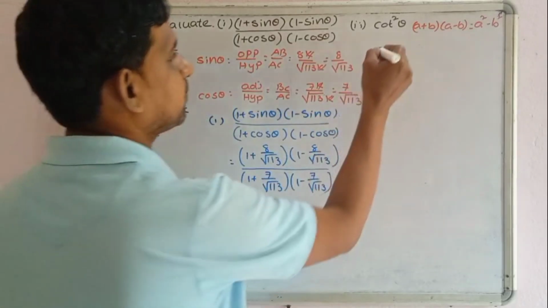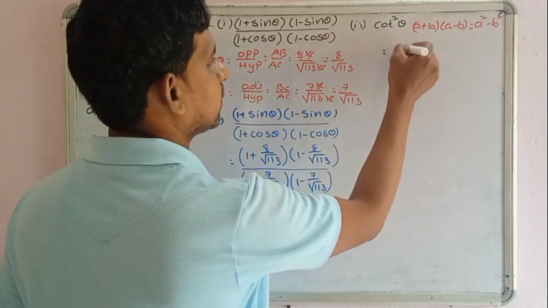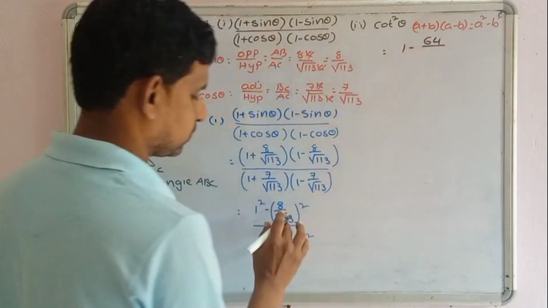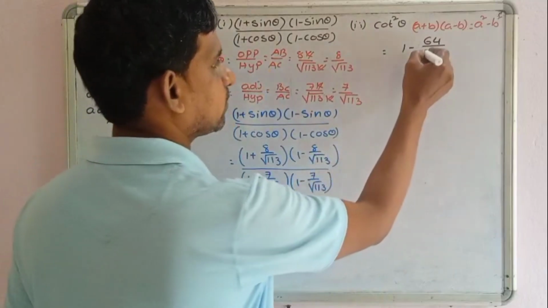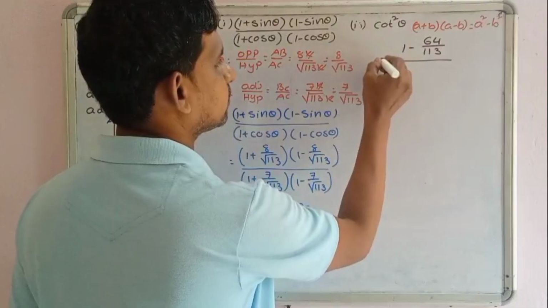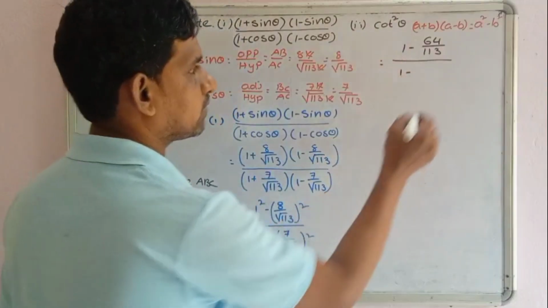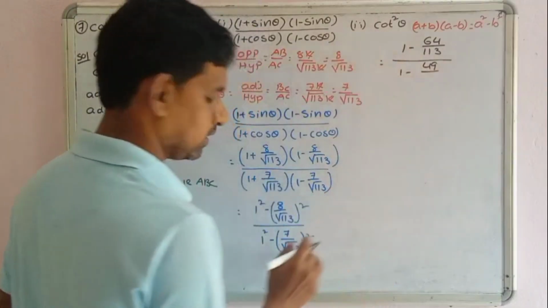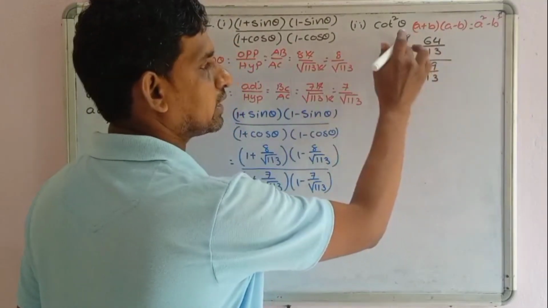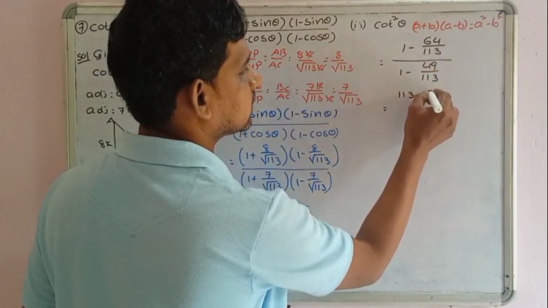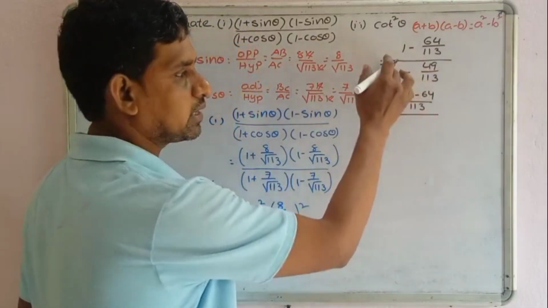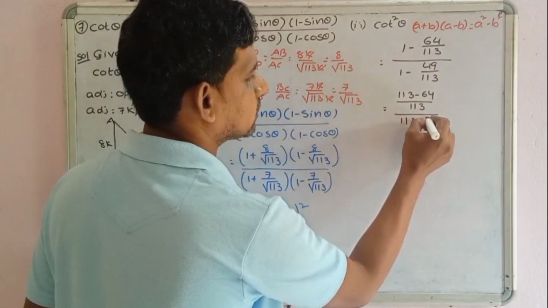Now see, 1 square is 1, minus 8 square 64 by root 113 square. The square root cancels with the square, so 113 by 113 divided by 1 square 1 minus 7 square 49 by 113. The square of root 113 is nothing but 113, so 113 times 1 is 113 minus 64 by 113, divided by 113 into 1 is 113 minus 49 by 113.